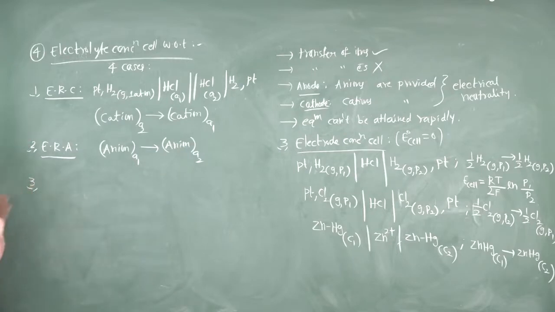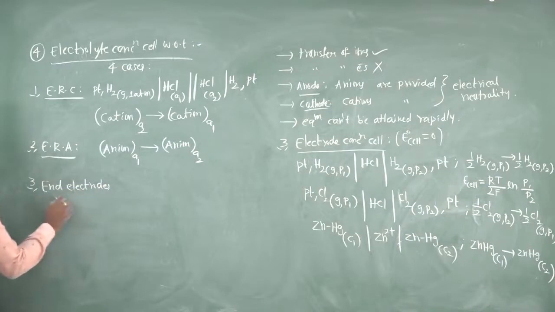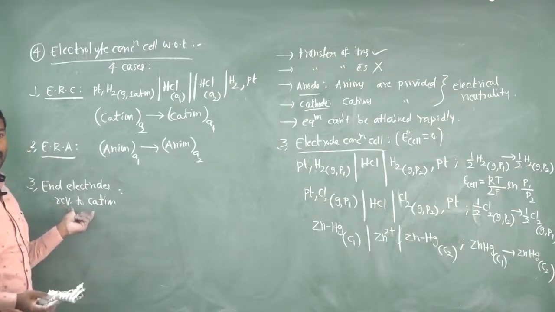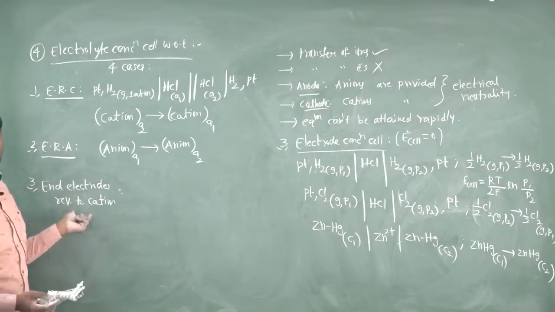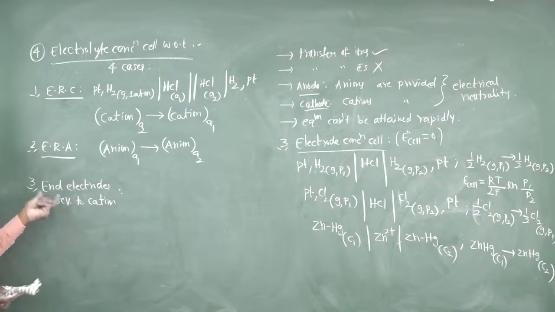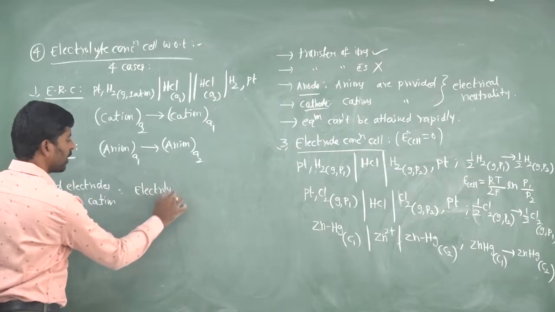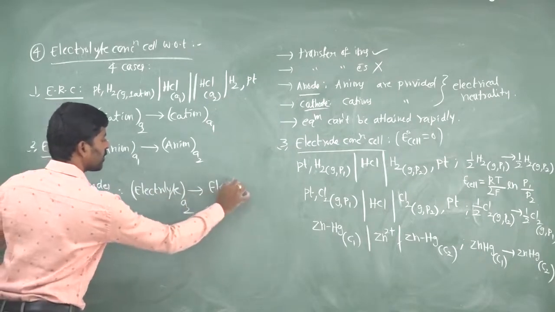Third case we discussed: end electrodes reversible to cation, and end electrodes reversible to anion. That we discussed by combining 2 chemical cells without transference in reverse direction. If end electrodes are reversible to cation, what do we get? Electrolyte transfers from A2 to A1 concentrations.